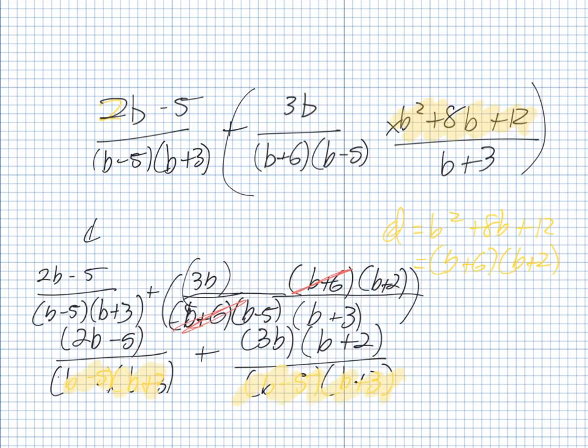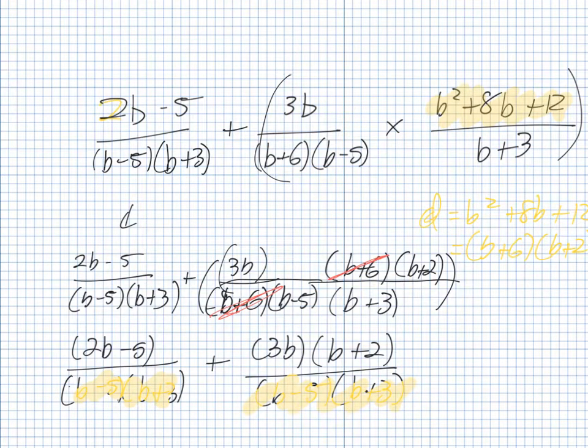I'm just going to find more space. So everything's going to be over b minus 5 and b plus 3. Here we have 2b minus 5 plus 3b, b plus 2.